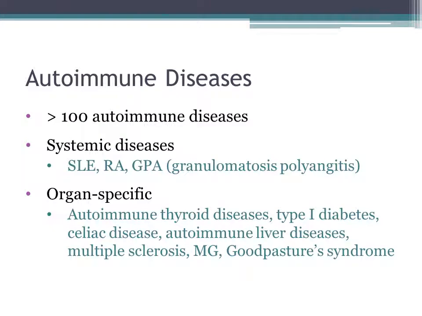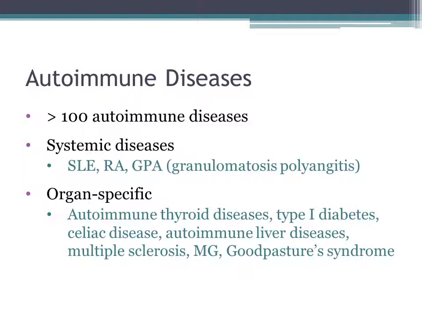At this point in time, we've identified in excess of 100 autoimmune diseases. They include diseases that are systemic and those that are organ specific. So we're going to look a little bit at SLE, which is short for systemic lupus erythematosus, aka lupus to most individuals, and rheumatoid arthritis.